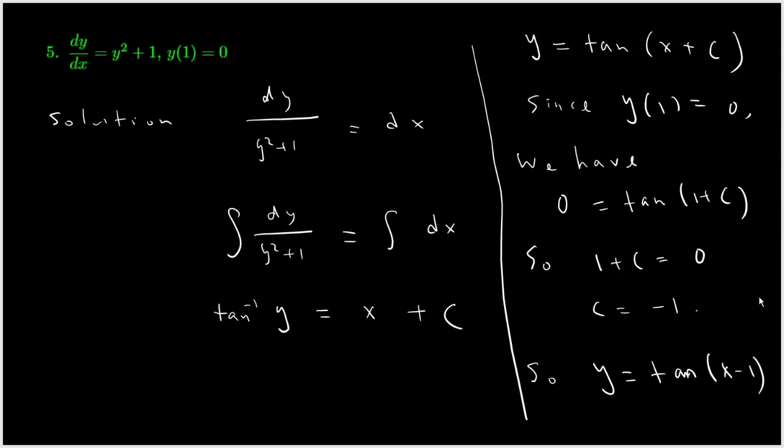Give me one little moment. Actually, if you determine the constant c from here, 1 plus c can also be numbers like pi. Tan of pi is also 0. I'm trying to think why c cannot be pi. So anybody want to tell me why c cannot be pi?